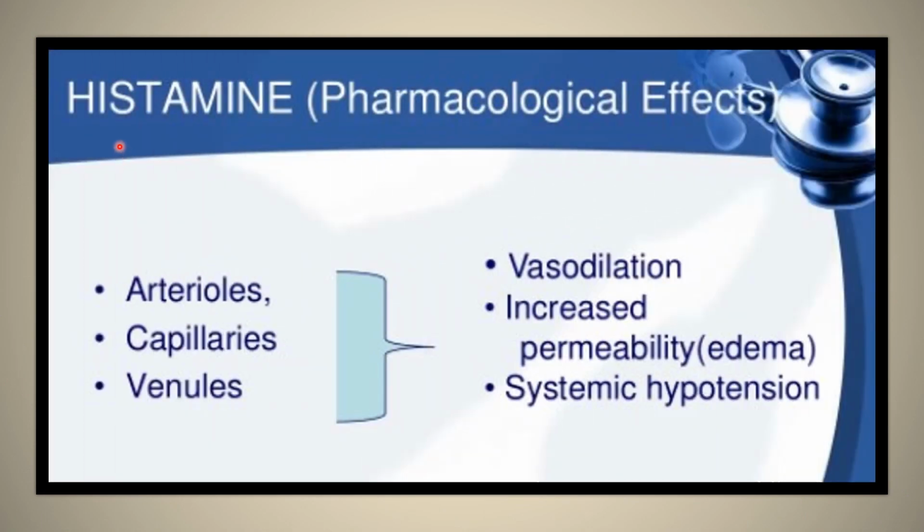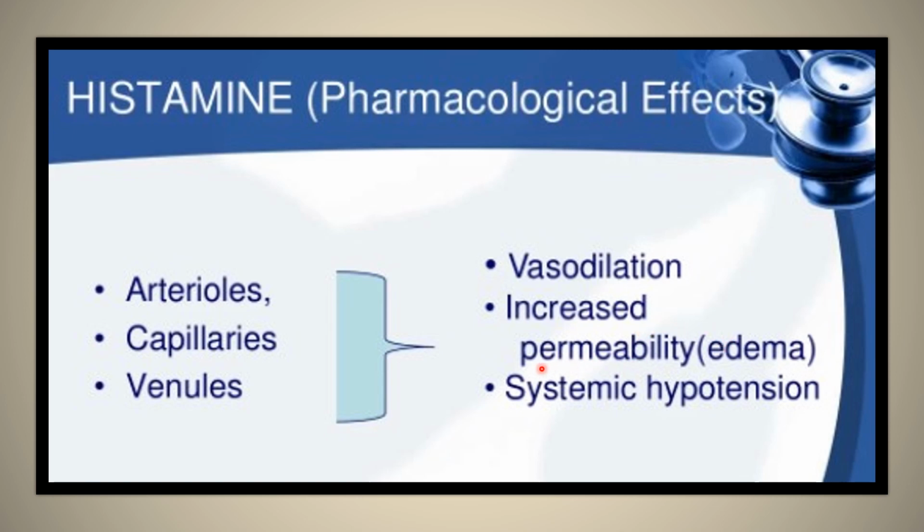So this is another diagram showing the pharmacological effects of histamine on the small blood vessels: arterioles, capillaries, and venules. Generally, histamine will induce vasodilation. It will also increase the permeability of the blood vessels, resulting in the accumulation of fluid and edema.